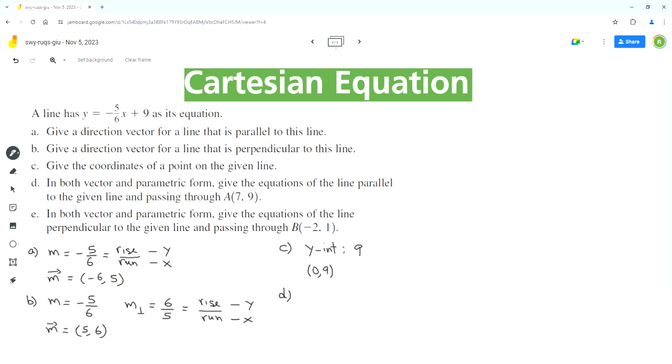In both vector and parametric form, give the equations of the line parallel to the given line and passing through point A, 7, 9. The first step is to write the equation in vector form. So let's start by writing the general equation in vector form.